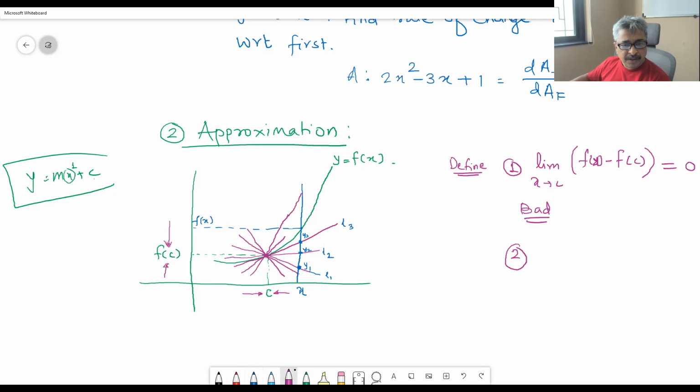Those are sufficient. This is y4. Okay. So your actual value of the function is f of x, which is y. And if you are approximating it with some straight line passing through c comma f of c, then you will get these different values. Okay, up to this point, is it correct?